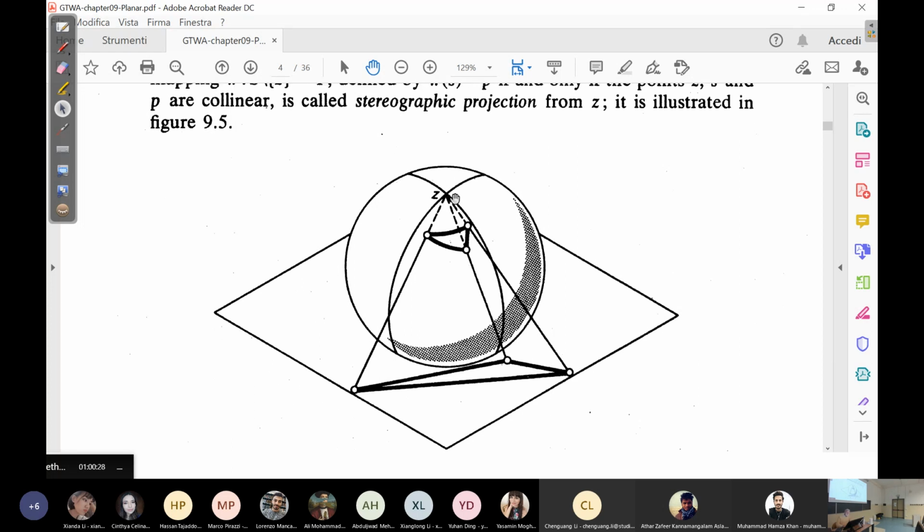From the sphere except for the North Pole. Okay, so not all of the sphere, but the sphere from which we have taken away the North Pole, which has no corresponding point in the plane. All other points of the sphere have a corresponding point in the plane. Okay, so from sphere minus North Pole to the plane. Okay. And this is nice. This is what I wanted to play a little bit with, if I can.